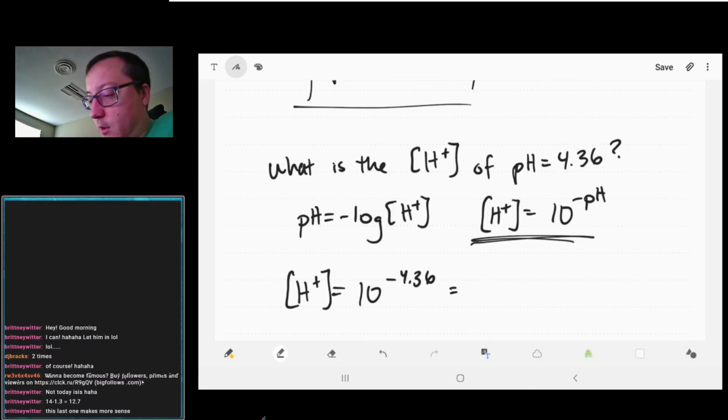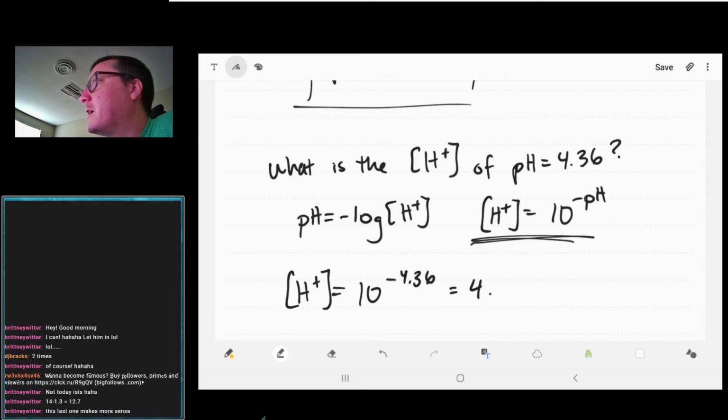Okay, doing this. Oh my gosh, this didn't give it to me in scientific notation. How annoying. 4 point. That's weird. Did this do it right? That's unusual.